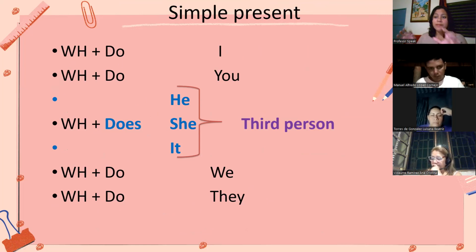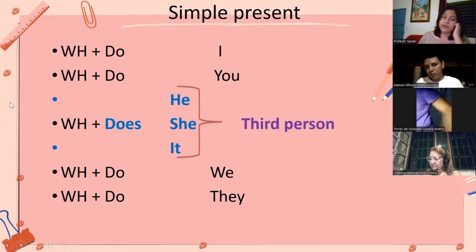You have to provide a complete answer. And you have to say, I live in Ciudad Merliot. I live in Usulután. Okay? Where does he live? Where does she live? Or where does it live? Where do we live? And where do they live? Okay, so this is the combination of how you're going to do it.